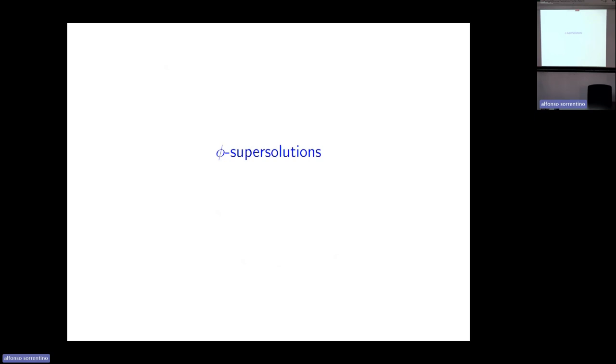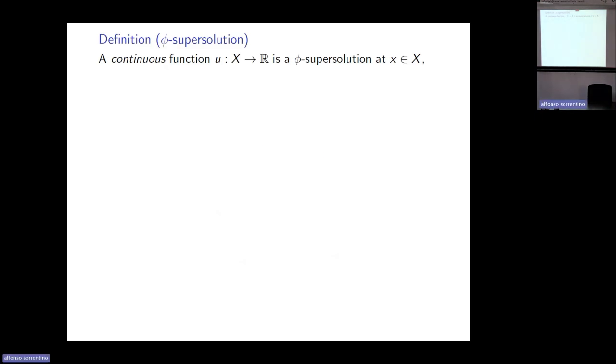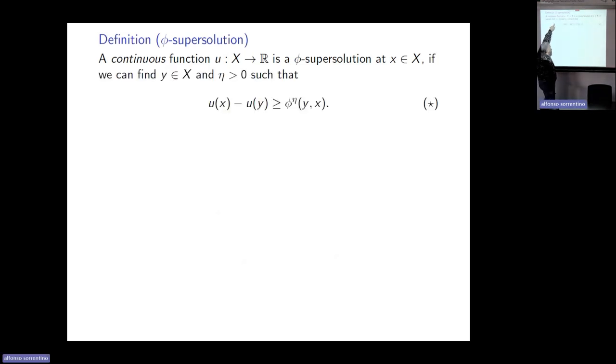Because I want to say something about the maximum principle, I need to define a notion of supersolution. A continuous function u is a phi supersolution at x if we can find a y such that u(x) minus u(y) is larger than phi_eta of (y, x).